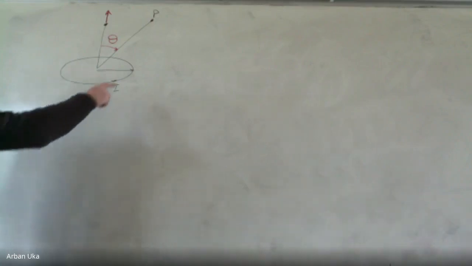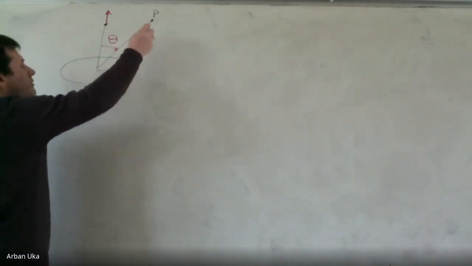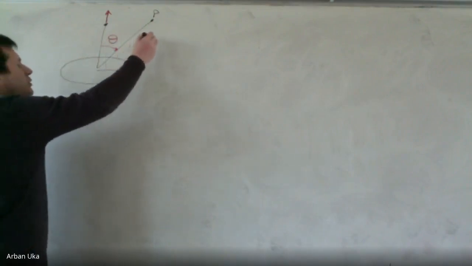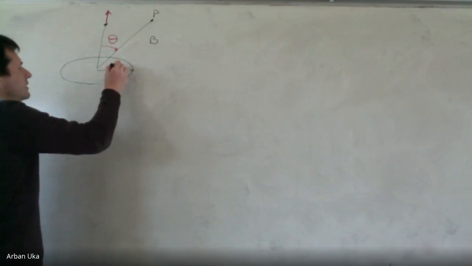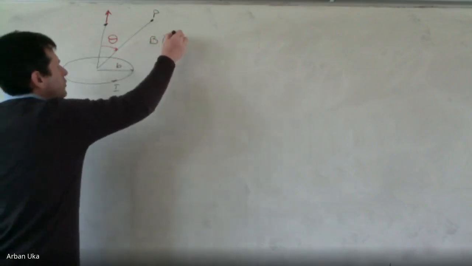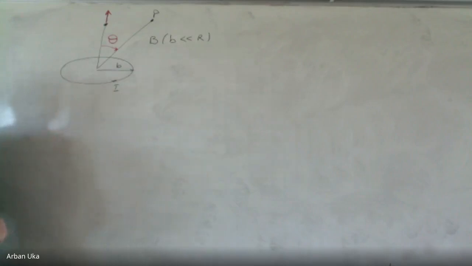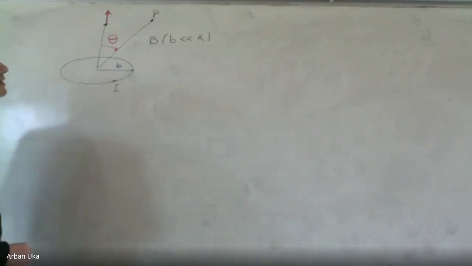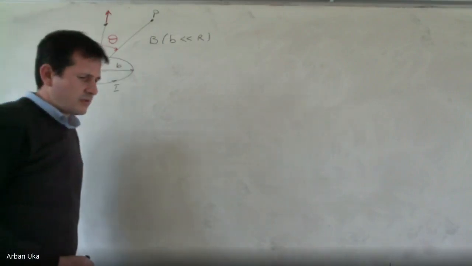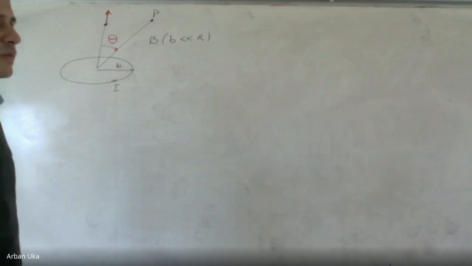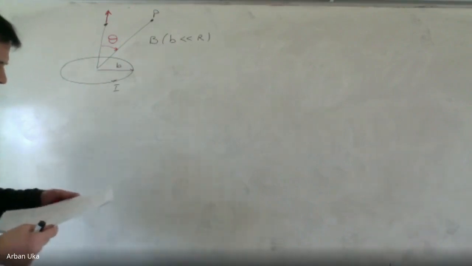Once we found the magnetic field here, we considered what the magnetic field would be if b was much smaller than r, okay? Whenever b, the radius of this loop, is much smaller, this constitutes a magnetic moment, a very small loop of current, which creates a magnetic field at some distance.